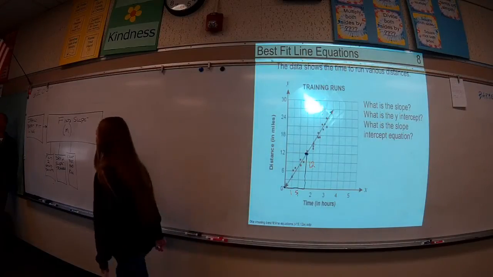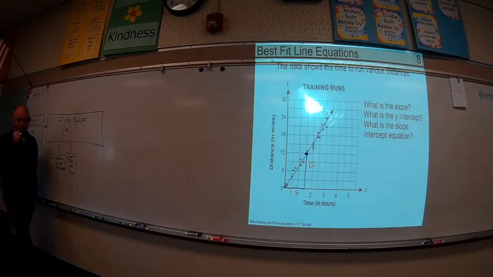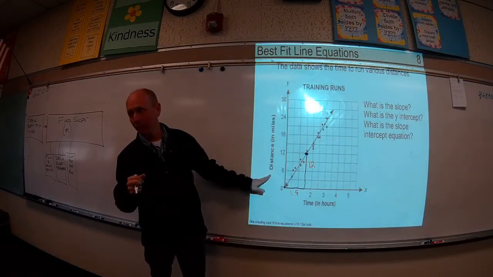Good. Eli, why? Because that's the X and those Y. Hey, you got to look at the scale. You can't just count squares. Got to look at the scale.